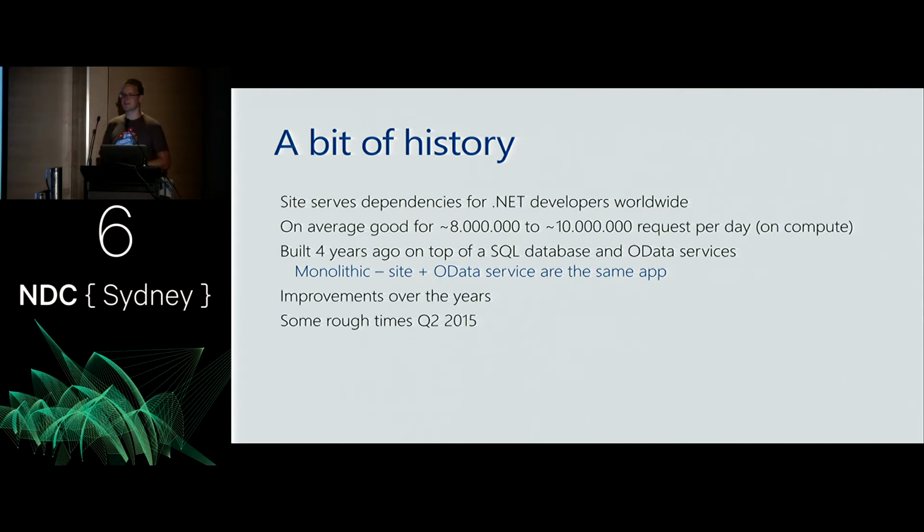And Nougat, of course, did that as well because it was a nice sample and a nice showcase of the technology. Problem with that was Nougat started to grow, and a lot of things had to happen over the years to make it perform, because pretty much every developer was just hitting our database and running queries on our database. So that's not the best technology to work with. It's a monolithic site back then.